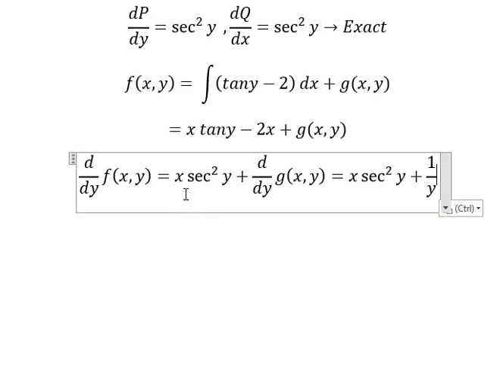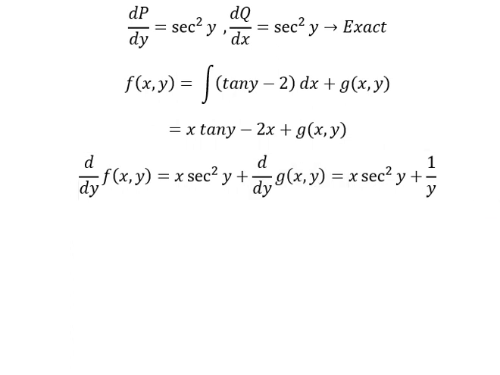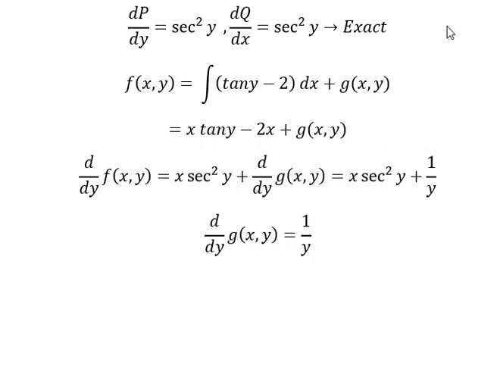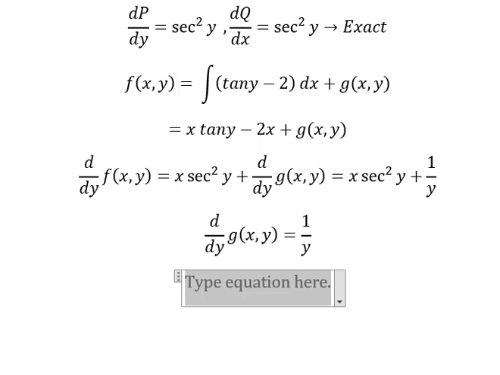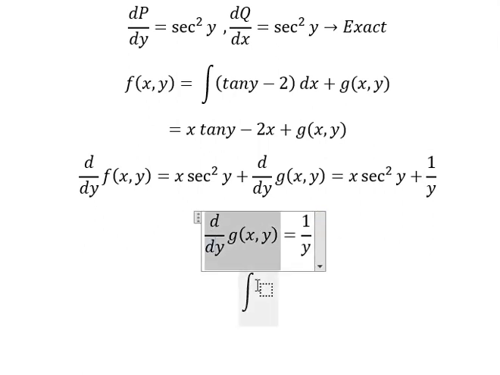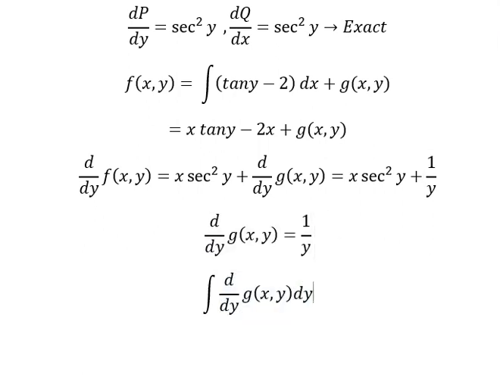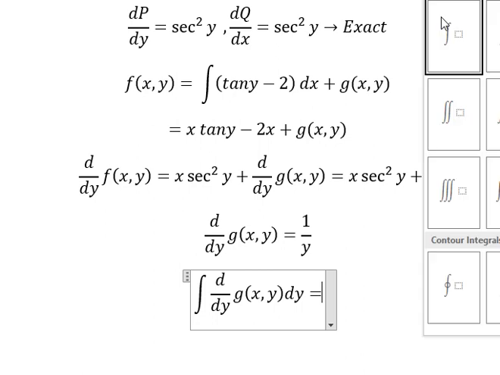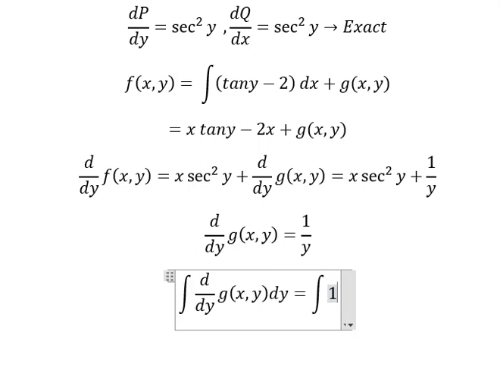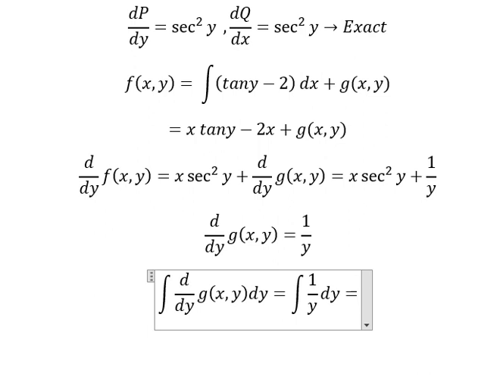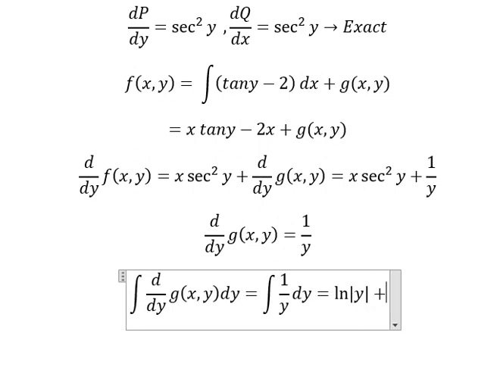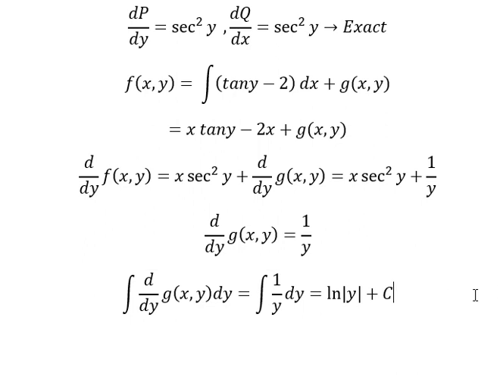Now we simplify secant of y squared for both sides. And now we put the integration for both sides. So this one we have ln of the absolute value of y, and I will put c.